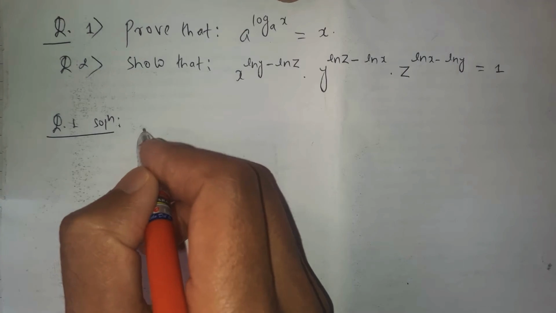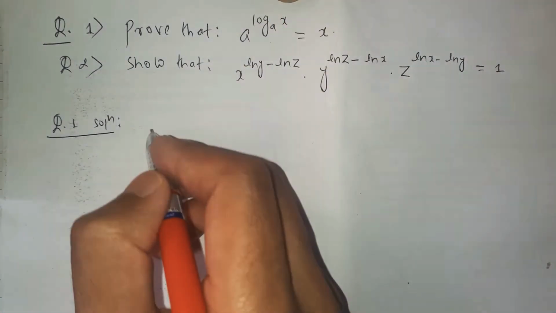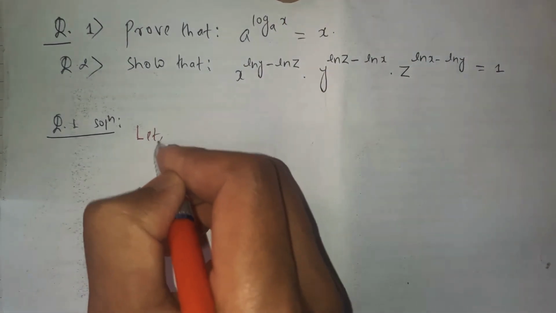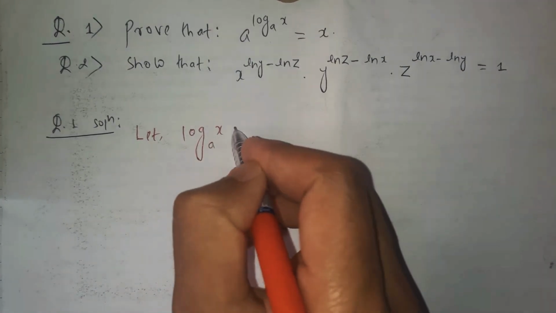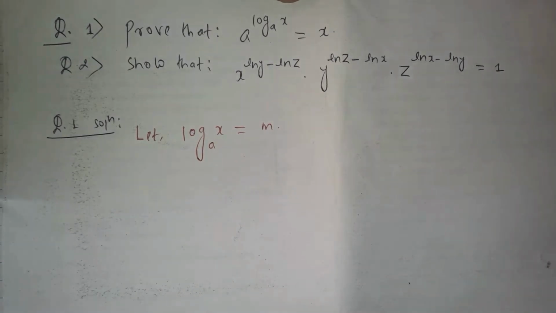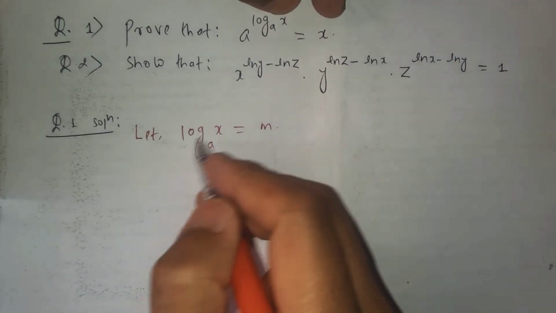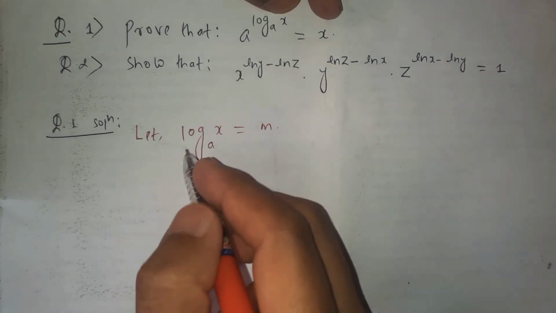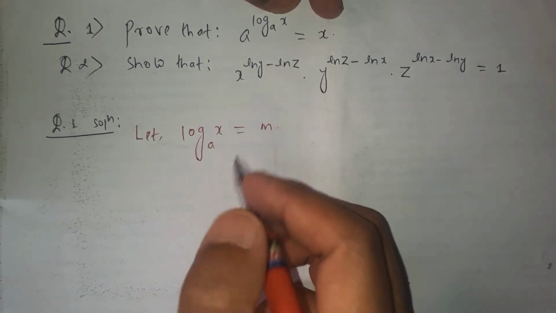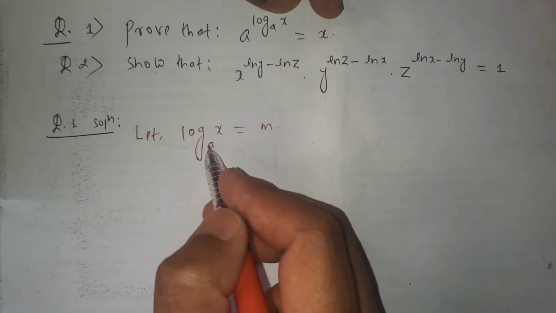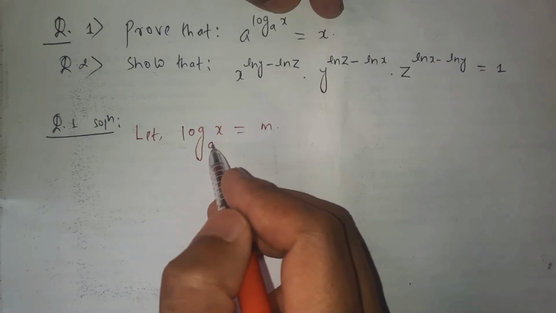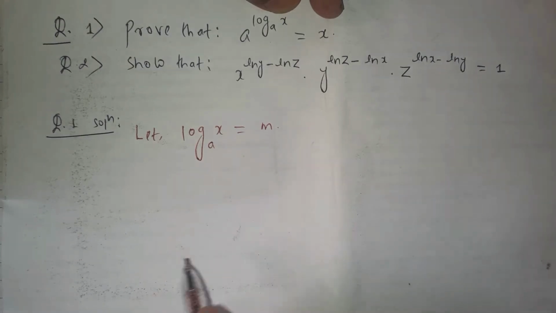The given left hand side is this. First of all, let's suppose log of x with base a is a number m. Here I just suppose the logarithm of x with base a is a number m. The meaning of this logarithm equation is, when we raise the number a to the power of m, then the result will be x.